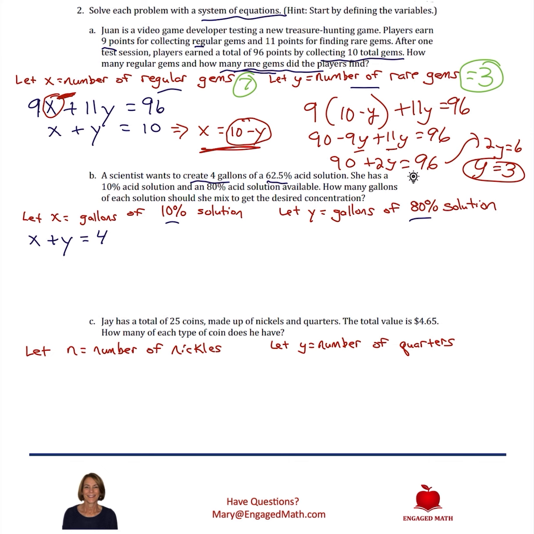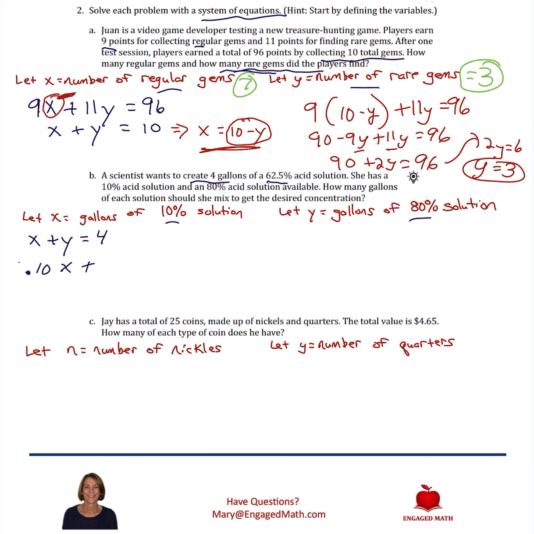All right, so now the 10% solution is going to give us 10% of it, which we know can be written as 0.10 or 0.1. That means 10 100ths or 1/10 of the x solution, the 10% solution.